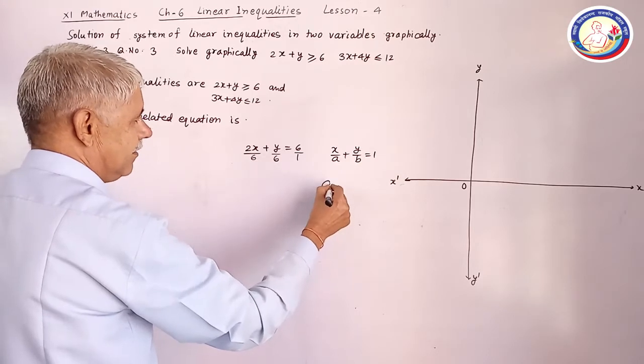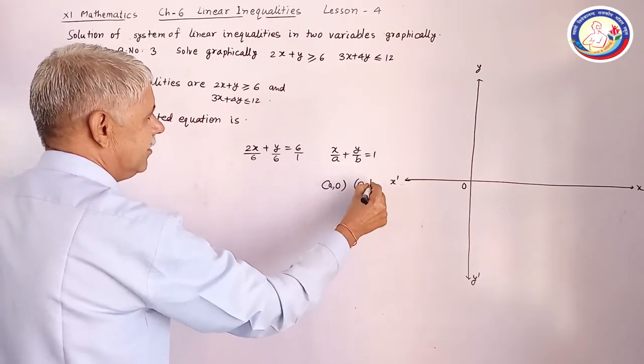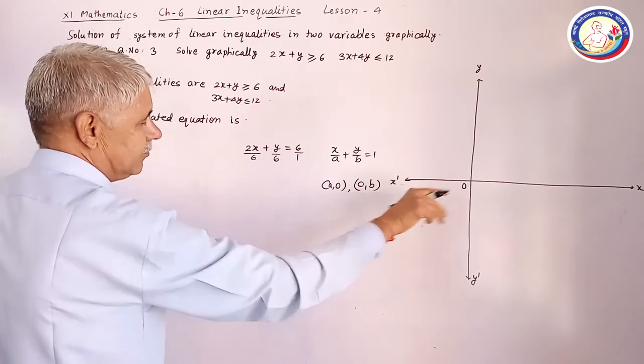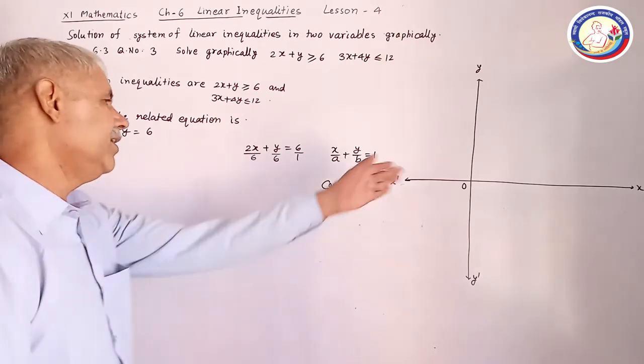There (a, 0) and (0, b) are the 2 points on the x-axis and y-axis respectively, where the line meets them.